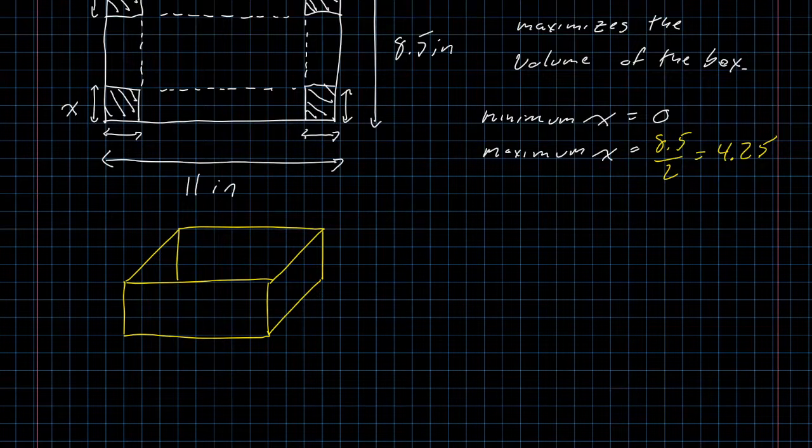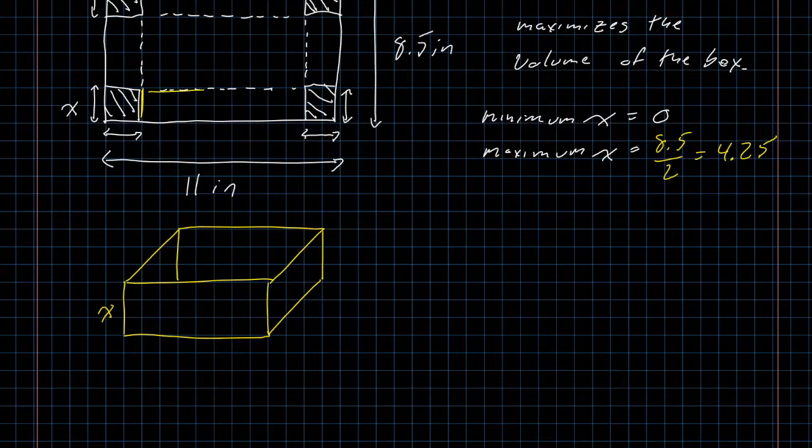It's going to be a box that has no top, but we can work through and figure out what the dimensions of this box are going to be. It's actually not that challenging to do. The height of the box is going to be x. That's the height of the wall here.